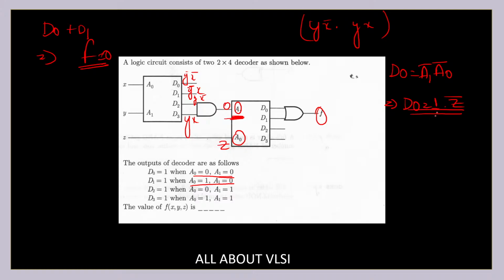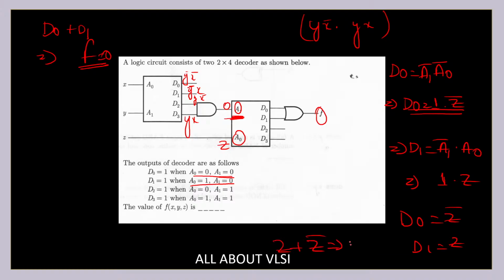Okay, D0 is equal to z complement, and D1 is nothing but 0, 1, which is a1 complement into a0, which is 1 into z. So D0 is z complement and D1 is z, and you're going to add it. So z plus z complement is equal to 1. Yeah, this is the answer, not 0. So f is equal to 1.